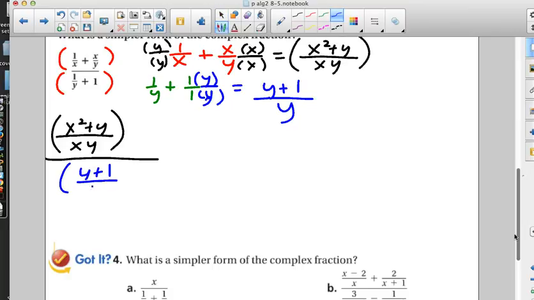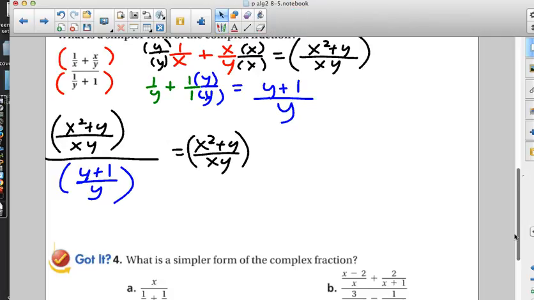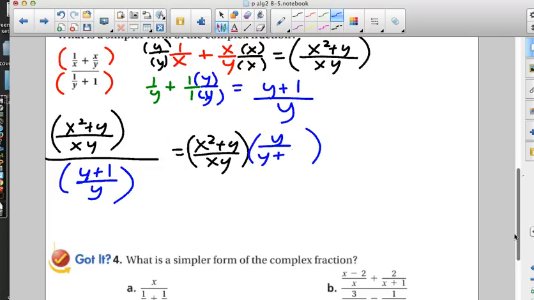And on the bottom, y plus 1 over y. Those first two steps, incredibly important, because now we can see, hey, this is just division. And you don't divide fractions, you multiply by the reciprocal. So this will be x squared plus y over xy times y over y plus 1.